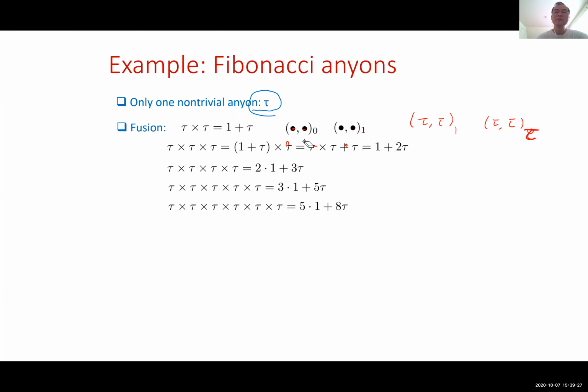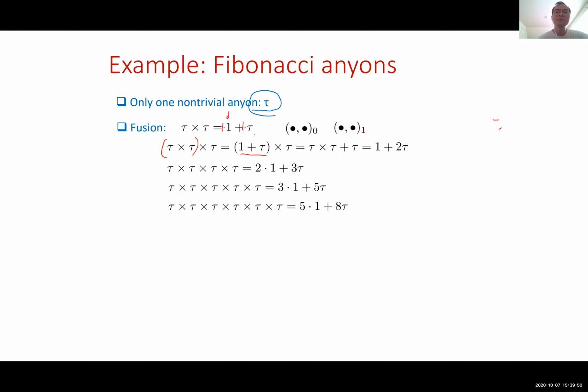So usually when we just fuse two anyons together, the coefficient is either 0 or 1. Right? This is 1 times 1, and 1 times tau. But when you have 3, you take another one, right? So I actually fuse these two.